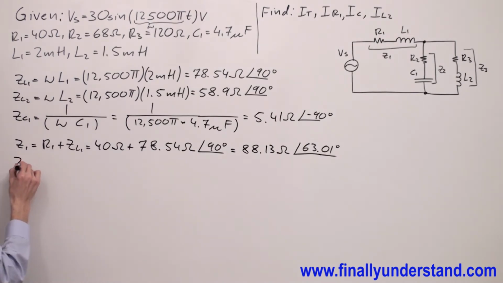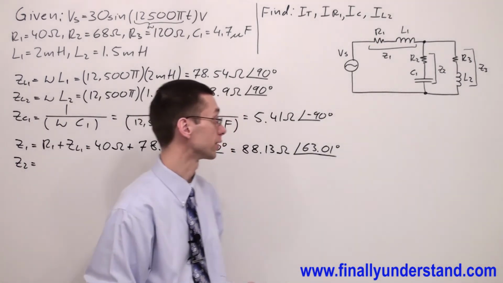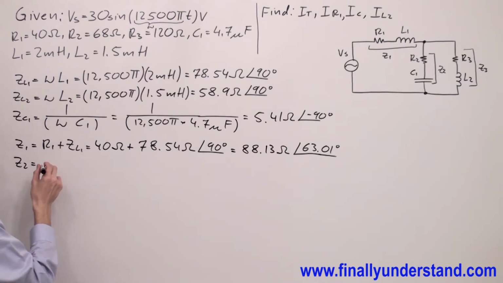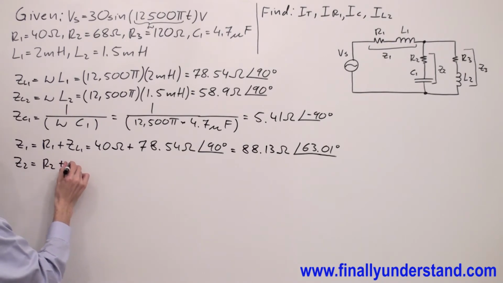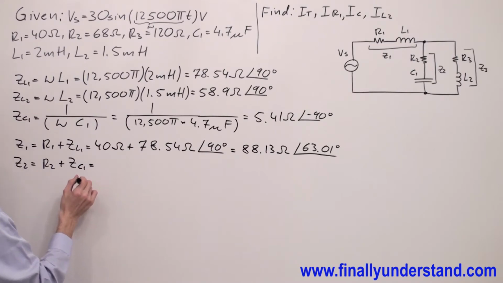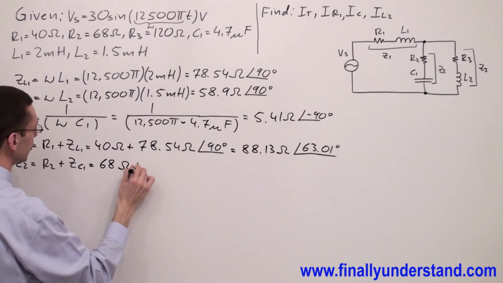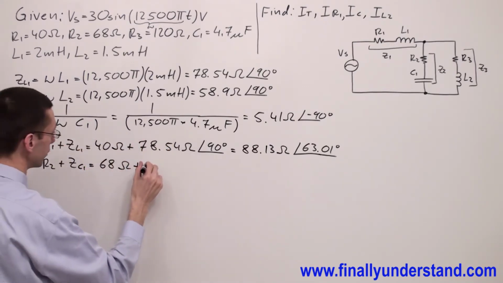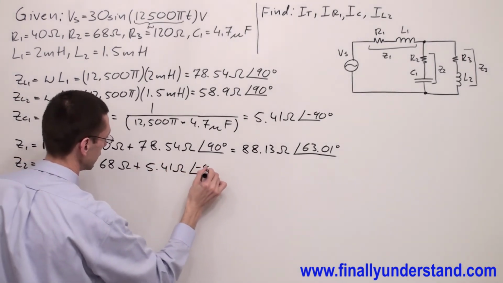Next, I'm supposed to find Z2. As we said, R2 is in series with C1. That's why I have to add two impedances together. So I have R2 plus ZC1, which is equal to R2 68 ohms plus ZC1 5.41 ohms and angle of negative 90 degrees.